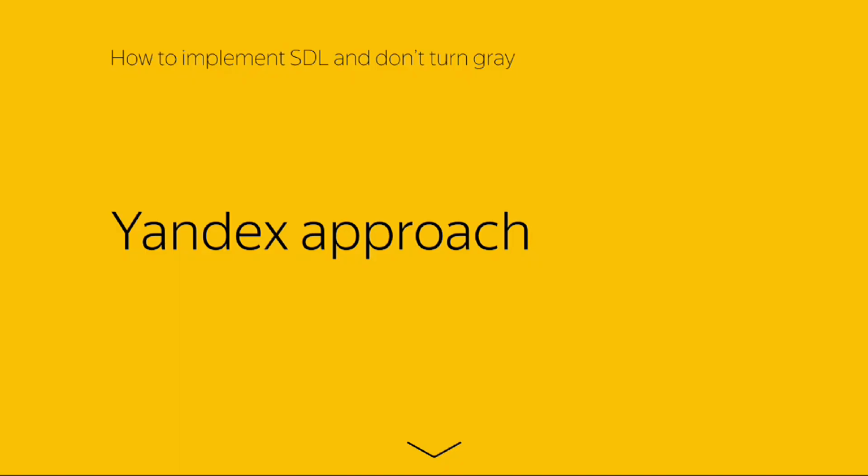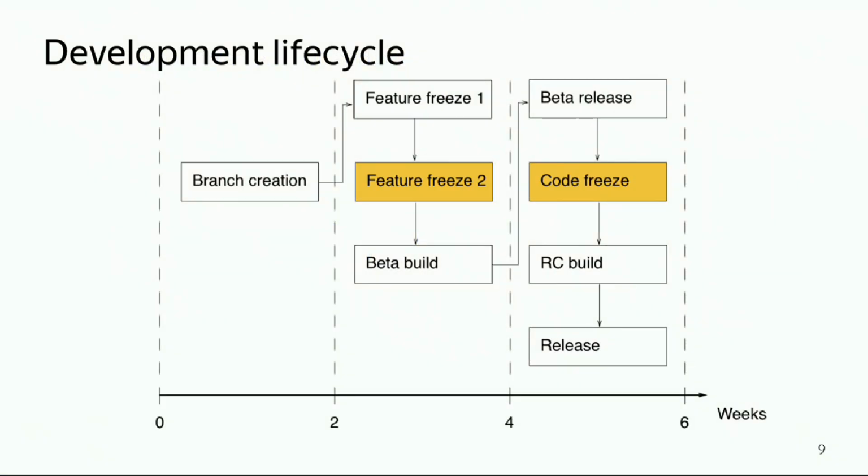So at Yandex we have our own approach to the security development lifecycle, and it is actually based on our development lifecycle. For the browser, we have a fixed lifecycle. Every release lives for 6 weeks, and we have several stages during development. For security, there are two main stages.